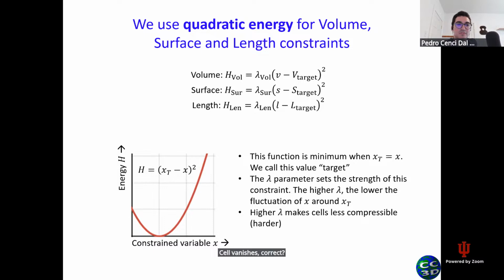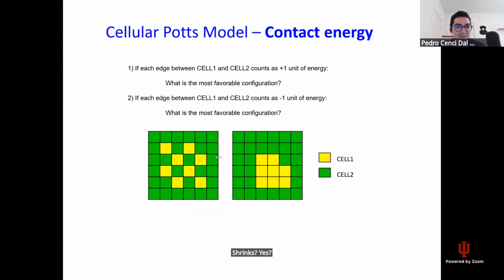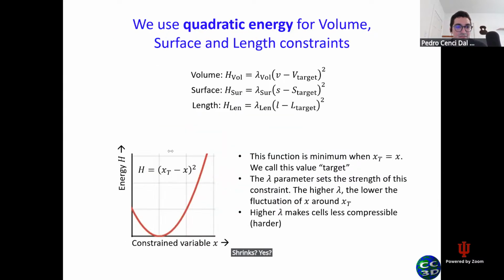If I set target volume to 0, it shrinks. Yes. Converge to 0. Perfect. They will shrink to 0. Correct. Okay, so I think we have a good general understanding of the volume quadratic constraint. So that's very good. Now let's move to the next topic.